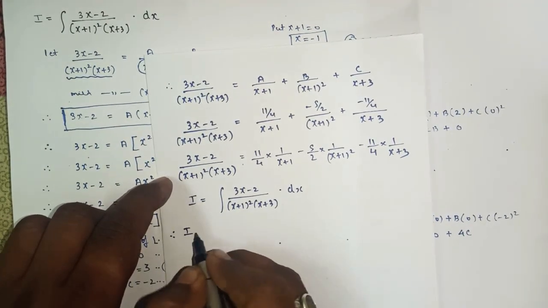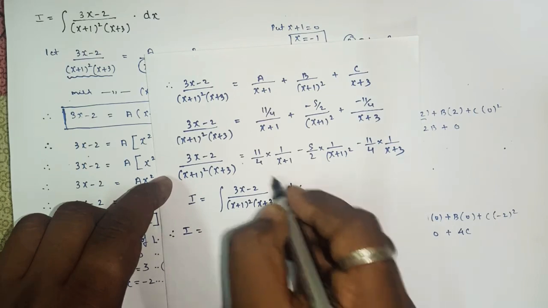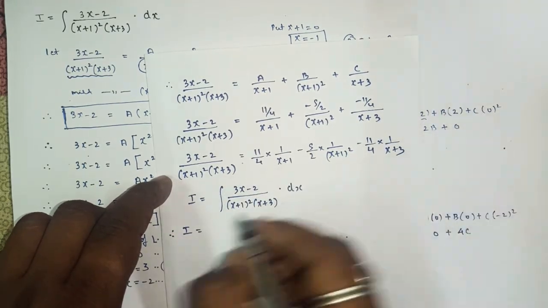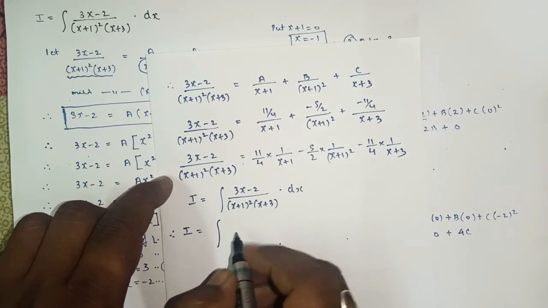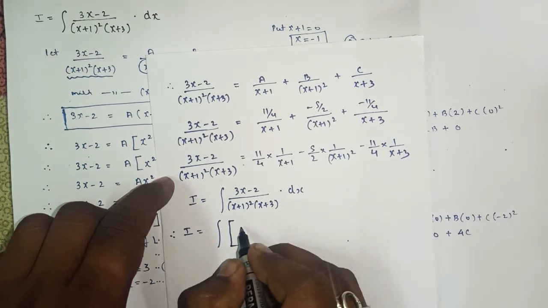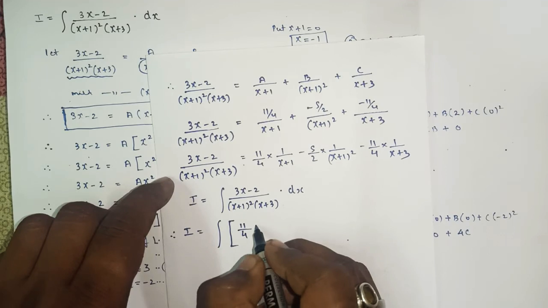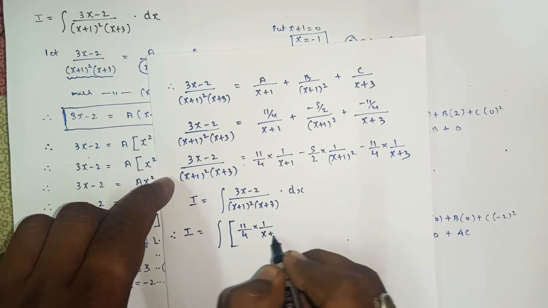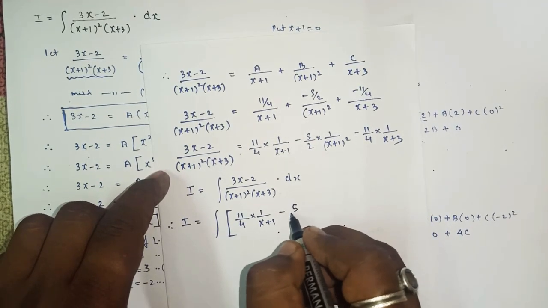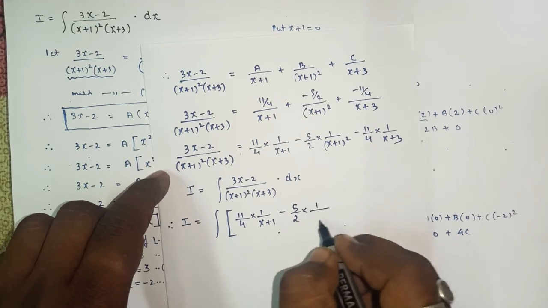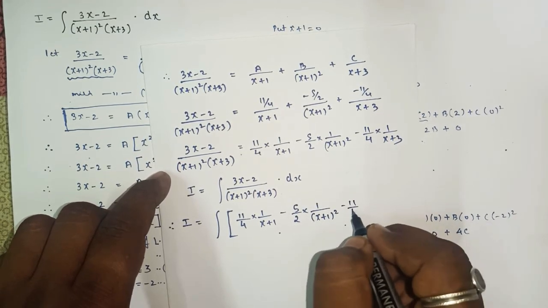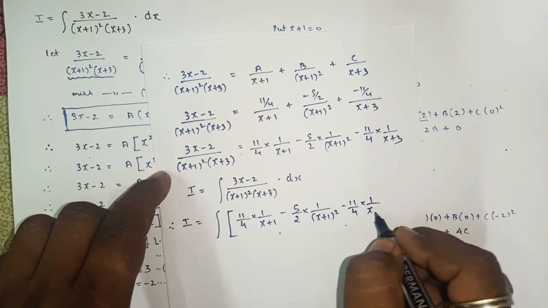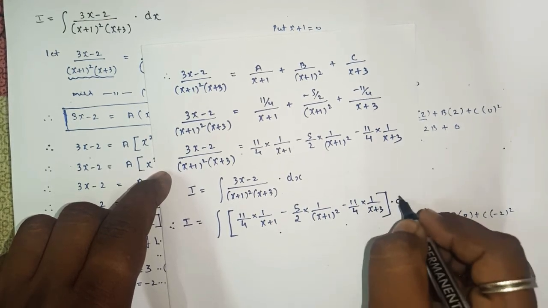So in the next step this function can be written like this, yes or no, that is 11 by 4 into 1 upon x plus 1, minus 5 by 2 into 1 upon x plus 1 the whole square, minus 11 by 4 into 1 upon x plus 3, into dx.